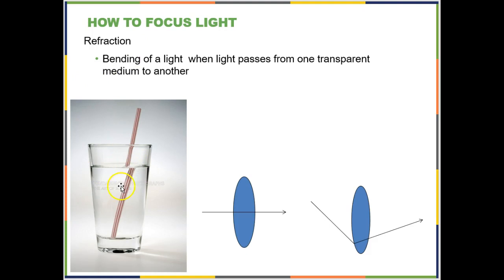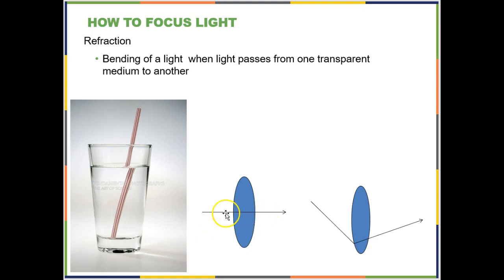This is why a straw in liquid looks like it is broken at the surface of the liquid, because the light coming out of the liquid bends when it moves from liquid into glass, whereas the light that's not in the liquid is not refracted when it makes that phase transition. So the straw appears to be broken or disconnected.